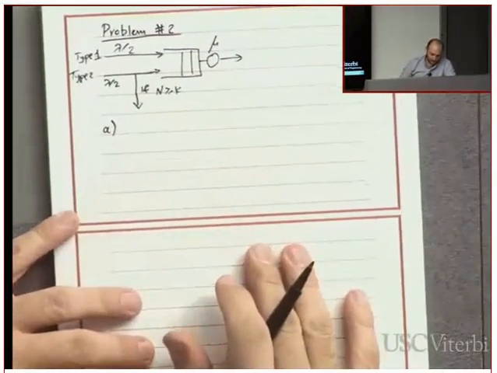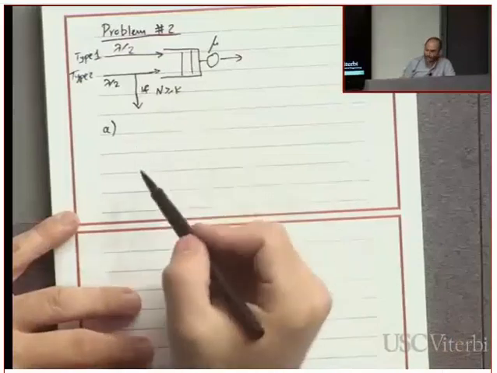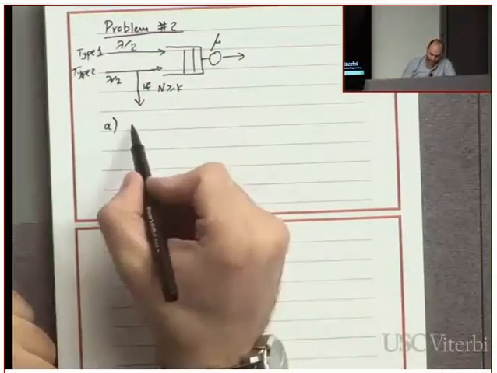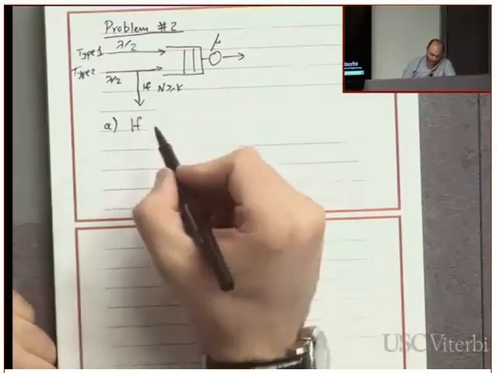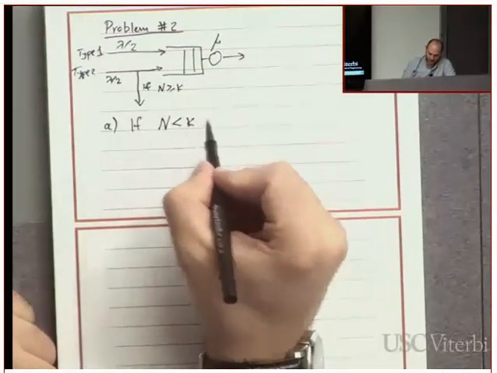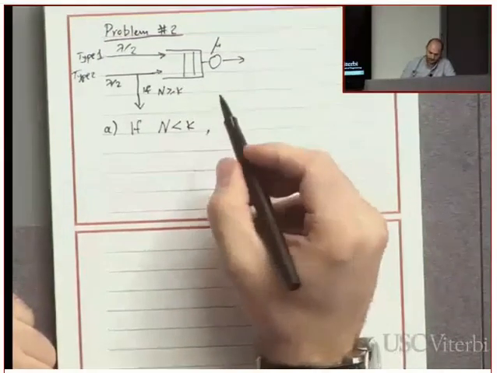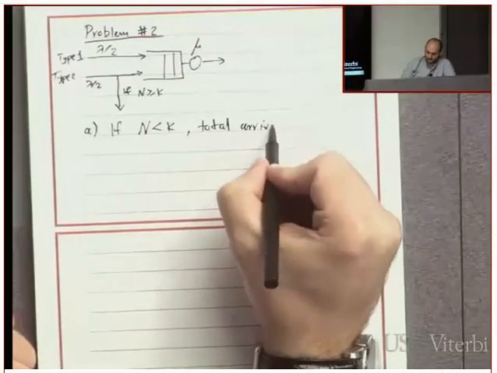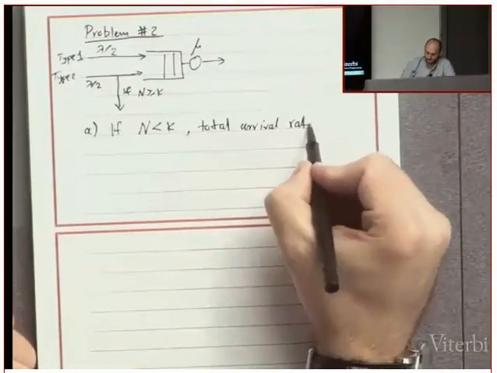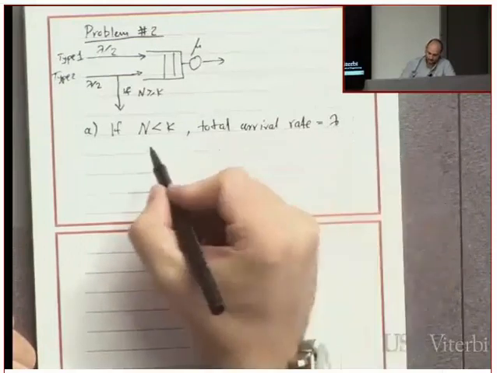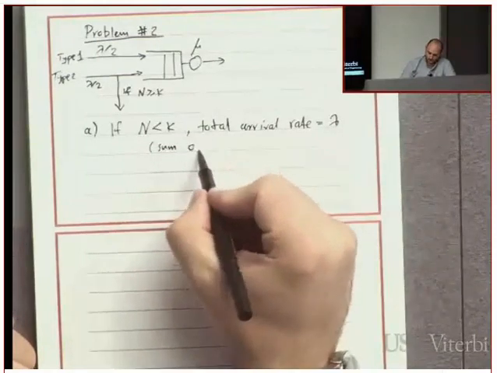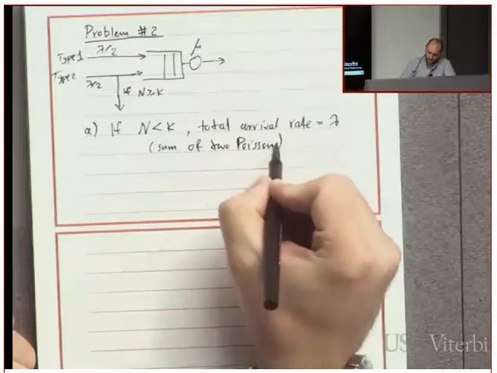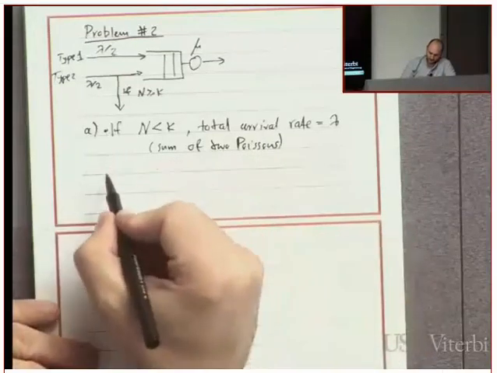In the transition diagram, n represents the number of customers in the system, and we need to draw that. So if n is less than k, then what is the total arrival rate? It's lambda, the sum of two Poissons.